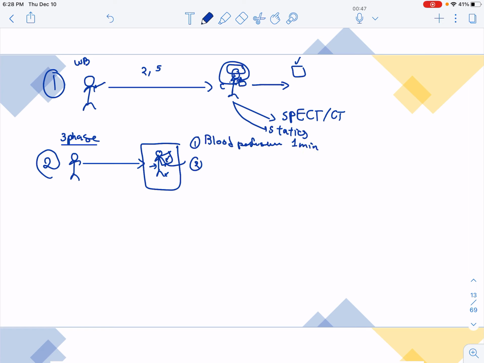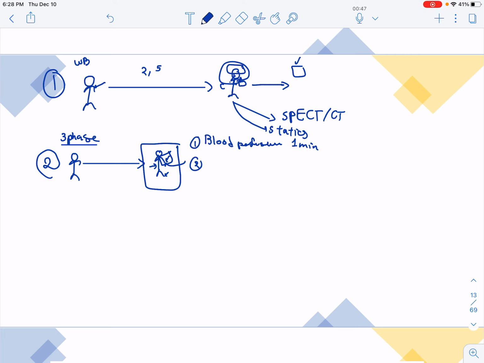The second part, we see the blood pooling, and what do we mean by pooling? We are detecting the capillary, the balance between the interstitium and the plasma.